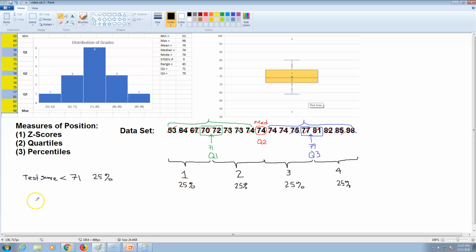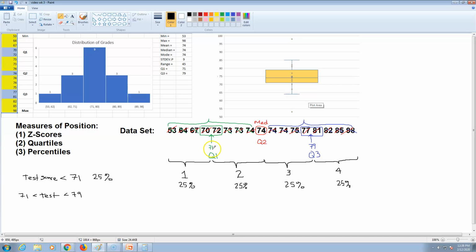If I ask you what percent of the students got a test score between, for example, 71 and 79, I hope you see 71 is quartile number 1, and 79 is quartile number 3.